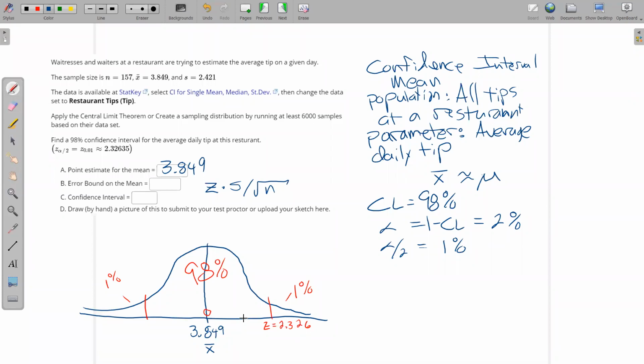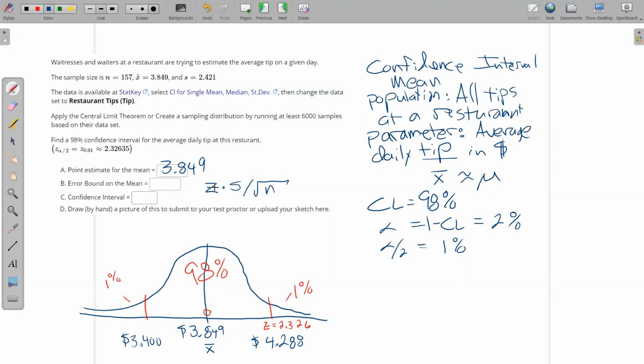So a Z-score of 2.326 correlates to an average tip of about 4.298. And a Z-score on this side of negative 2.326 would correlate to a tip of about 3.400. And these are tips, dollars, dollars, dollars. Right? Average tip. Probably should have written in dollars.